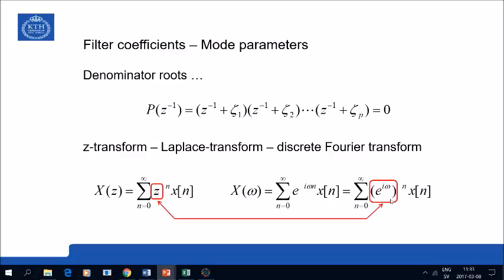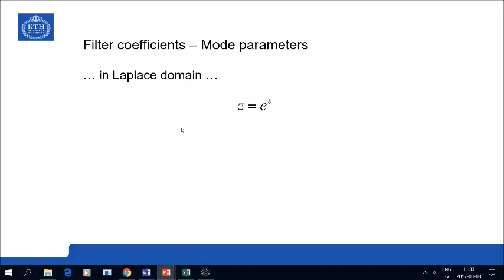And that is the relation we will use to go from the roots of the denominator polynomial expressed in Z to our system poles. Because in the Laplace domain, z corresponds to the exponential raised to the power of s, where s is the Laplace variable.